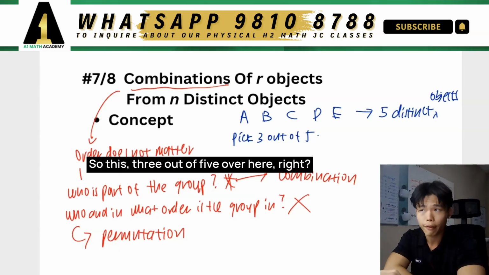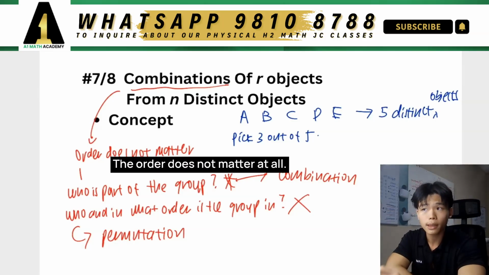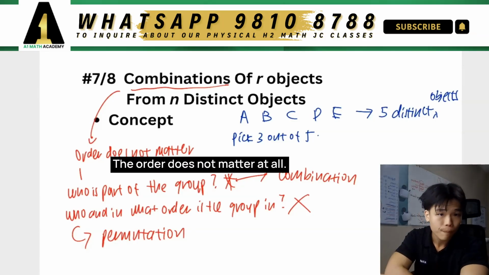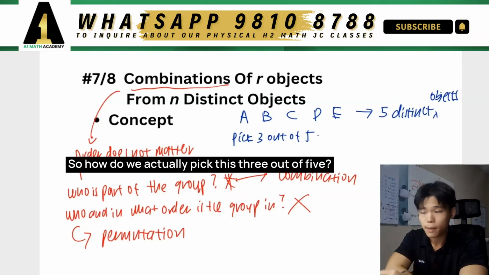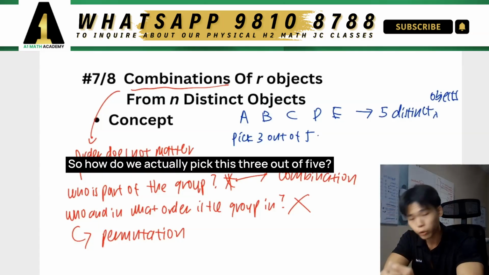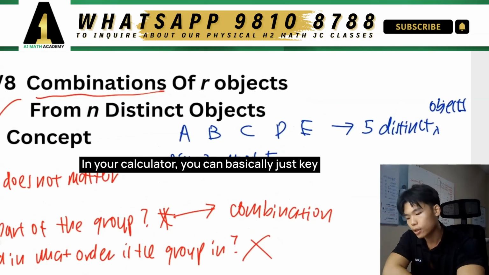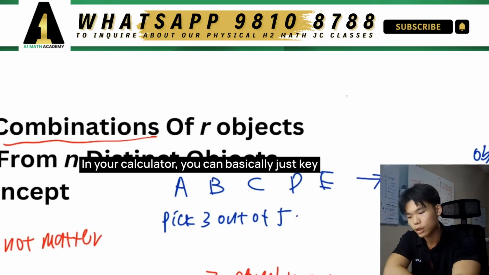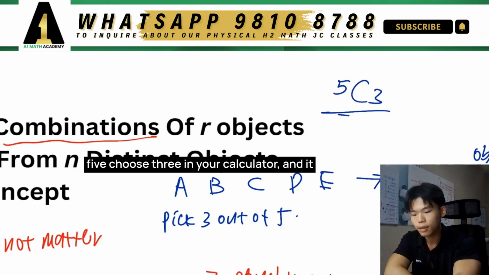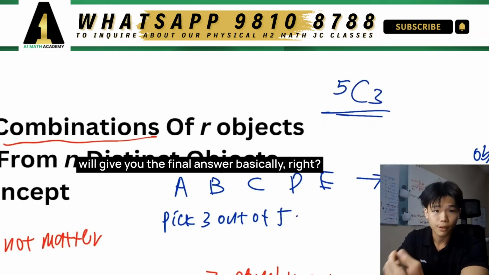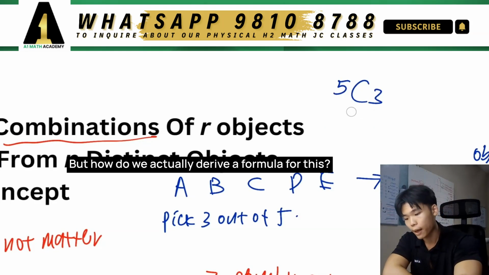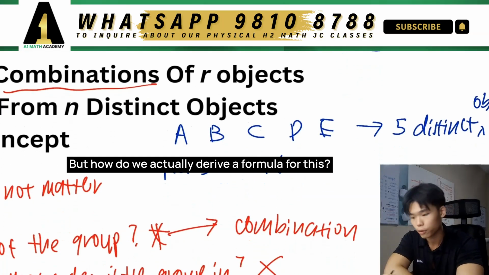The order does not matter at all. So how do we actually pick this 3 out of 5? In your calculator, you can basically just key 5 choose 3 and it will give you the final answer. But how do we actually derive the formula for this?